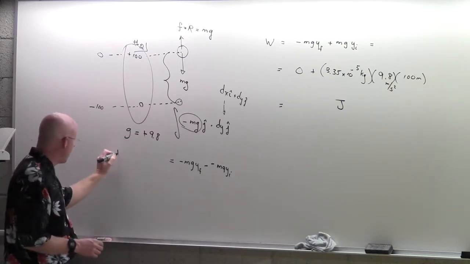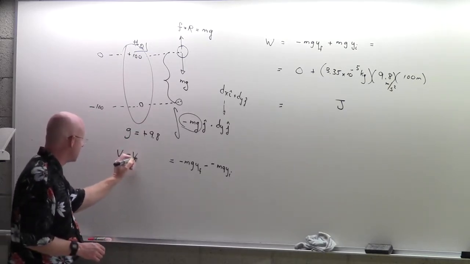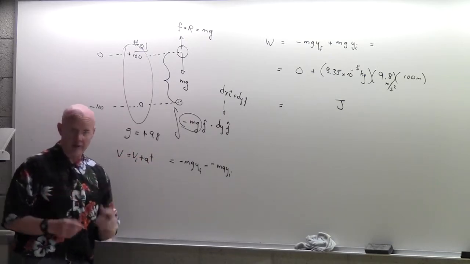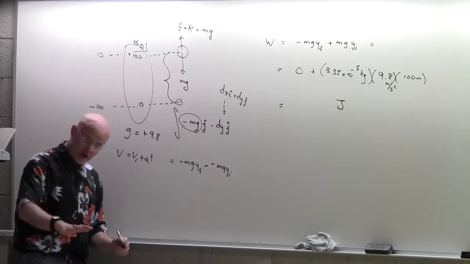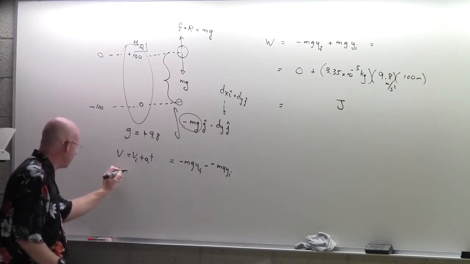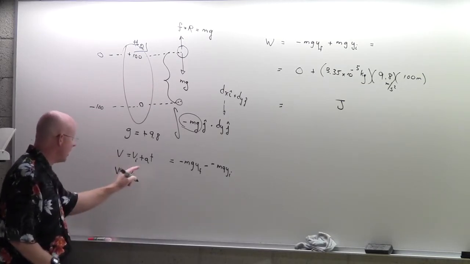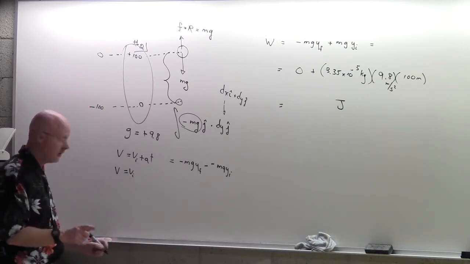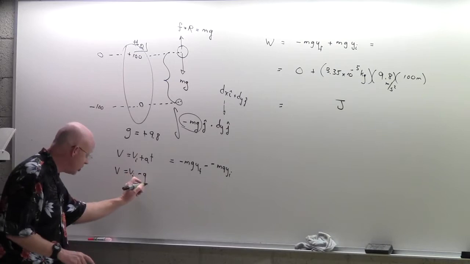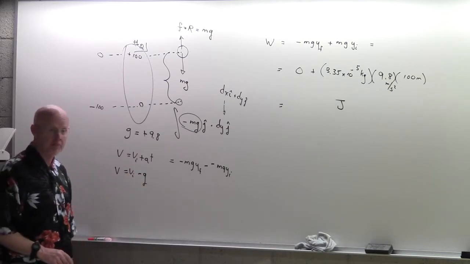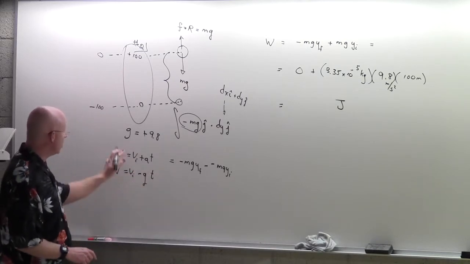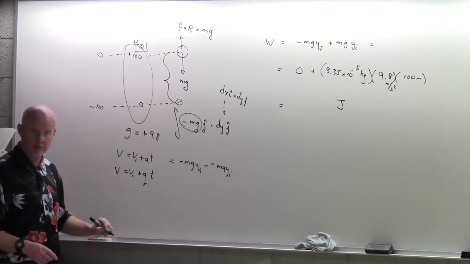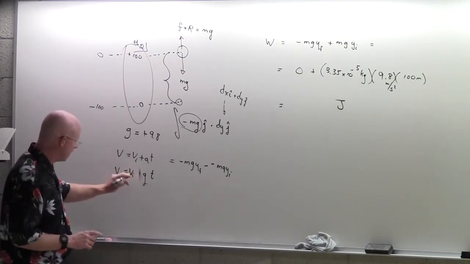So when we had equations like velocity equals initial velocity plus acceleration, and we talked about a falling object, we would put velocity equals initial, and we said, well, what is the acceleration of a falling object? The answer? Negative G. If G was representing a negative number, we would have put plus G. But we did not do that.